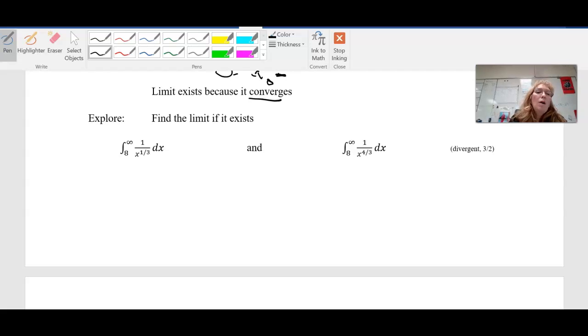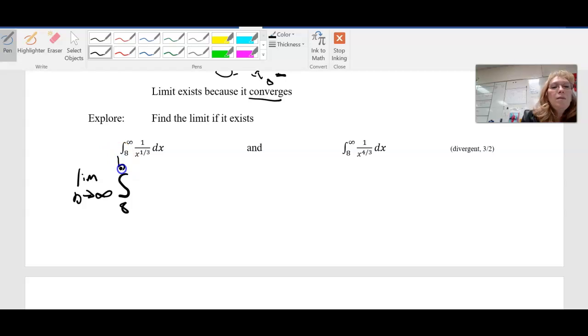All right, I want to know if the limit exists or not, so pause and try yours. So your first step, I'm just going to let infinity be b. So the limit as b approaches infinity of the integral from 8 to b of, and I'm going to write this as a negative exponent.